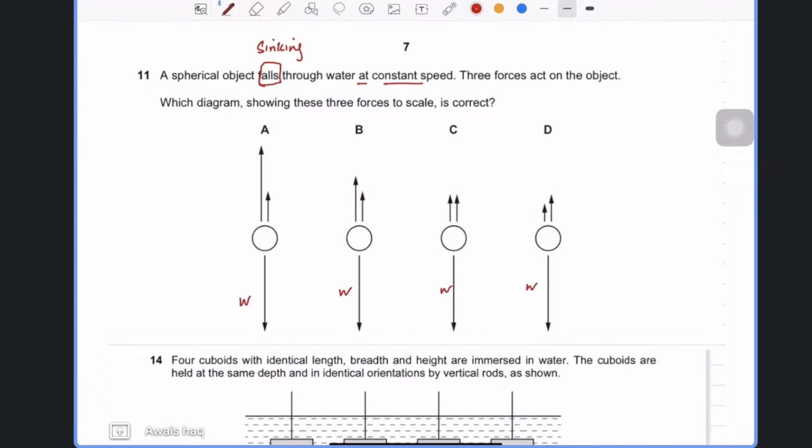And then there will be upthrust, so one of these forces will be upthrust. And because it is sinking, the velocity is down, so drag will be up. But the question is which diagram should be correct? Because it has reached a constant speed, the upward forces and the downward forces should be equal. Which diagram do you think shows that?